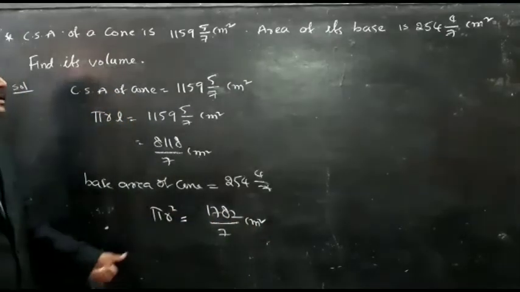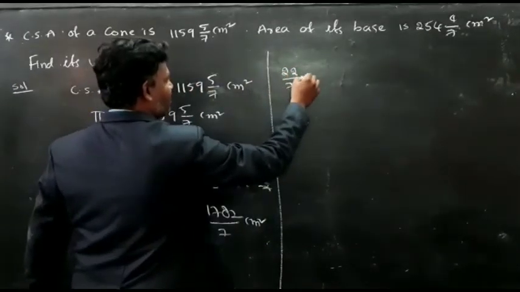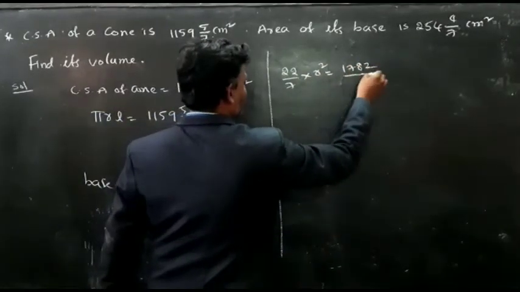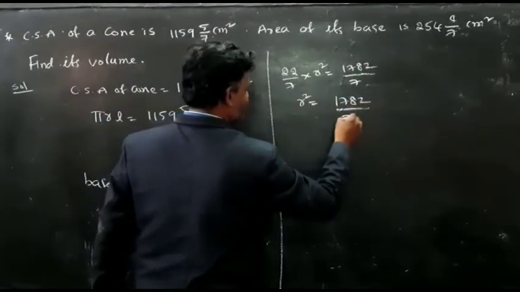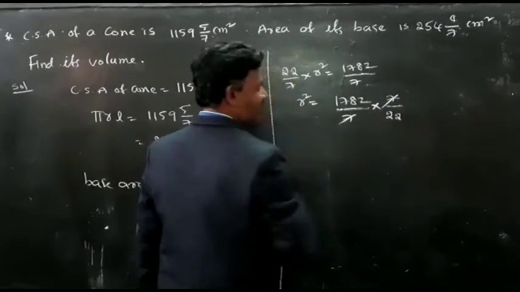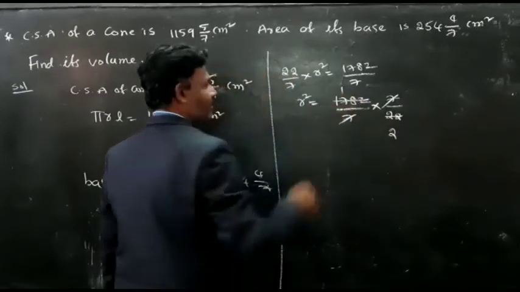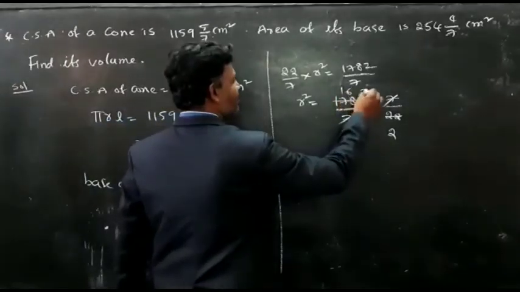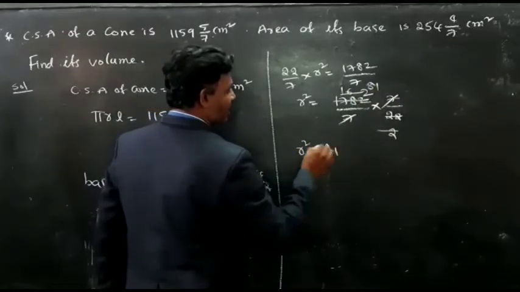What is the value of pi? The value of pi is 22 by 7 into r square is equal to 1782 by 7. r square is equal to 1782 by 7 into 7 by 22. 7 gets cancelled. 11 twos are 22, 11 ones are 11, 6 remain, 11 sixes are 66. r square is equal to 81.